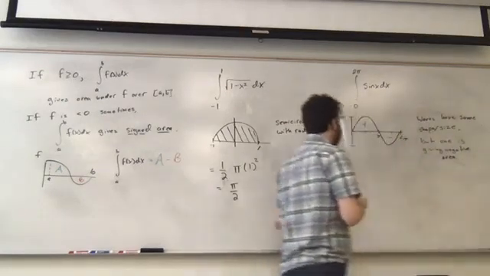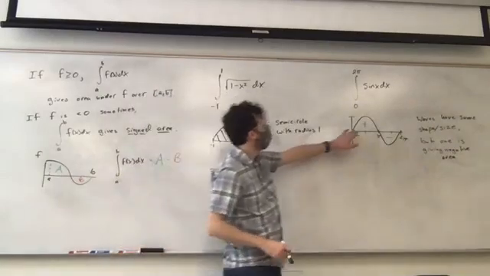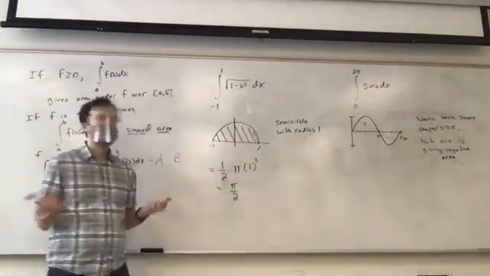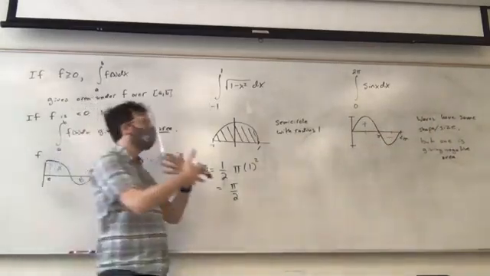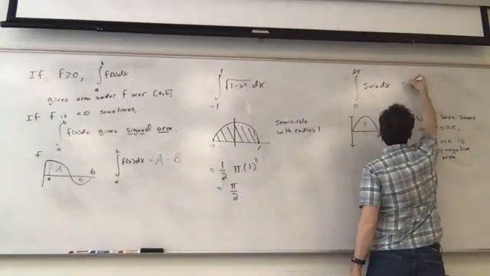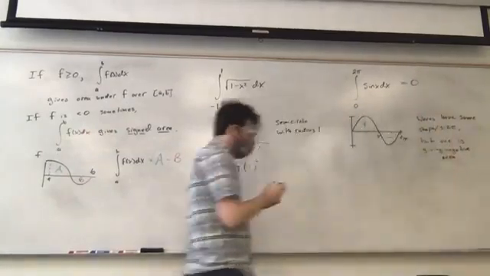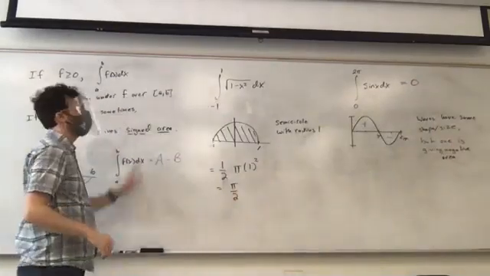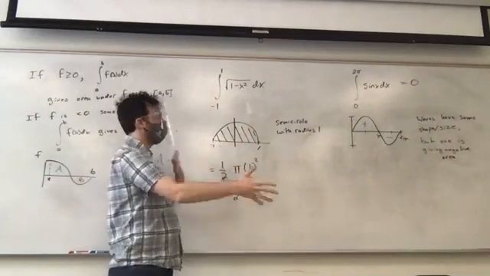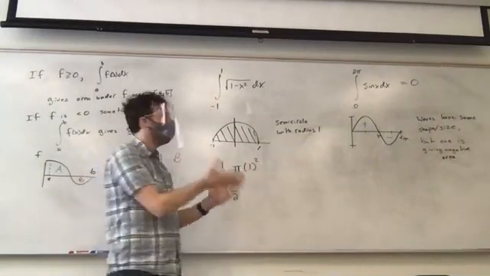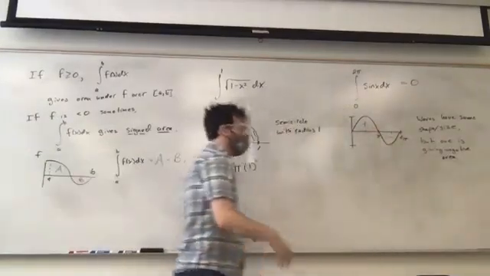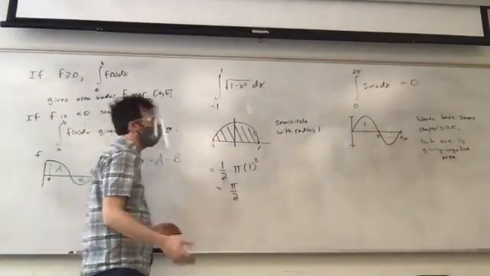So what that means is we take whatever area this is, subtract whatever area this is, and we don't know what those numbers are, but it's the same number both times. So this is in fact 0. Because we know there's exactly as much positive area as there is negative area, and if we subtract those, we get 0, even without knowing what the area of each of these humps is.